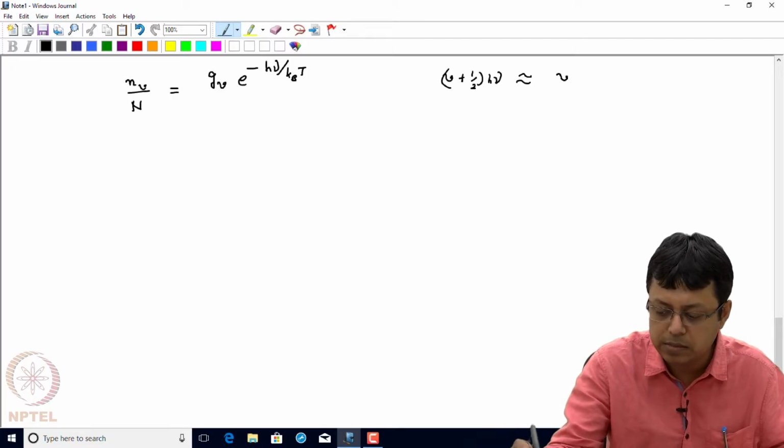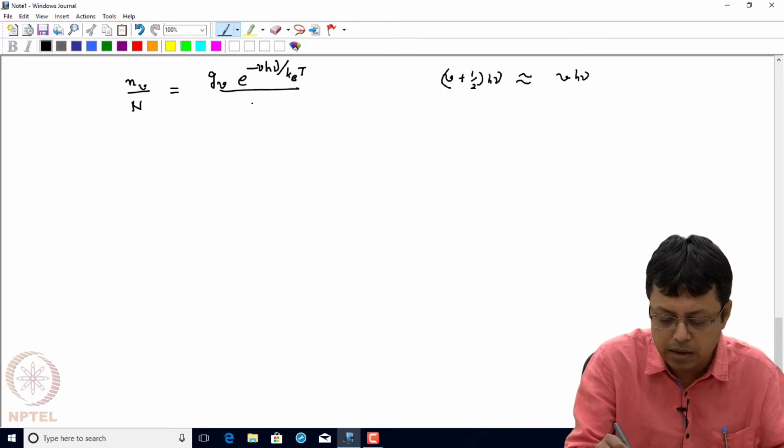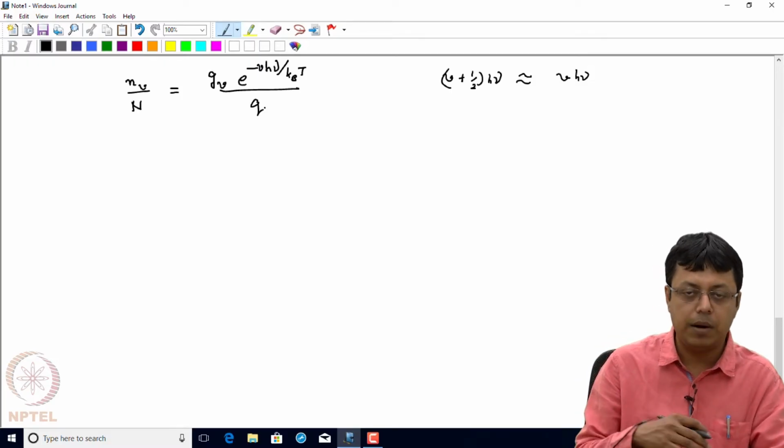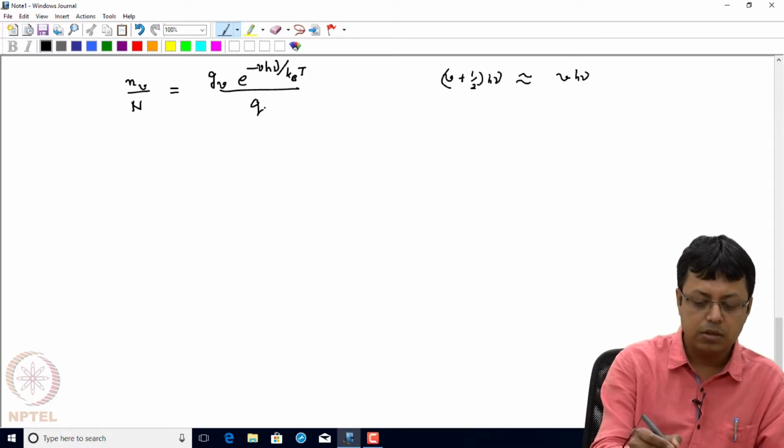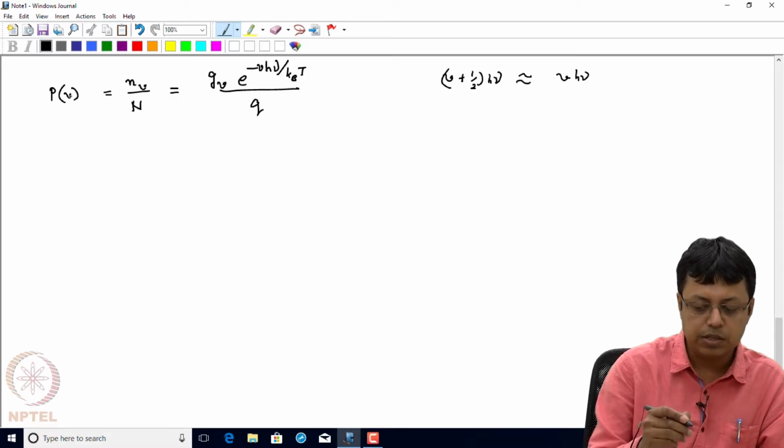We are just writing it as V times h nu. This will be divided by q, where q is the partition function which we discussed. So this is basically the probability distribution.